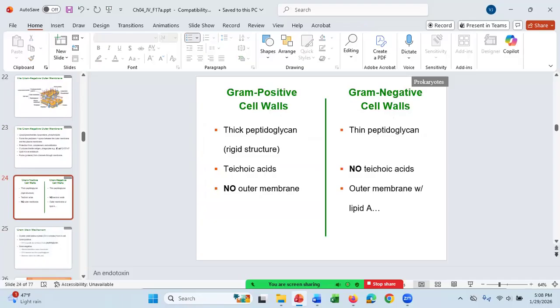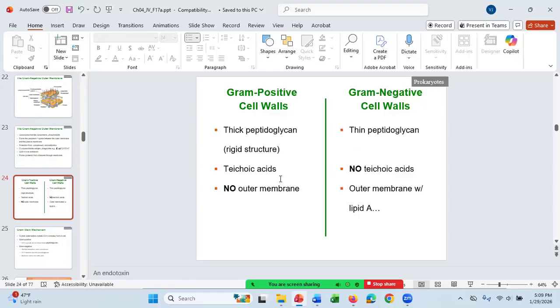All right, taking a look at the gram-positive cell wall and how it differs from the gram-negative cell wall. The main difference is the gram-positive cell wall has a thick peptidoglycan layer. It's a rigid structure. The gram-negative cell wall has a thinner peptidoglycan layer, something like between 3 and 20 layers. It is not as rigid. There is teichoic acid in the gram-positive cell wall.